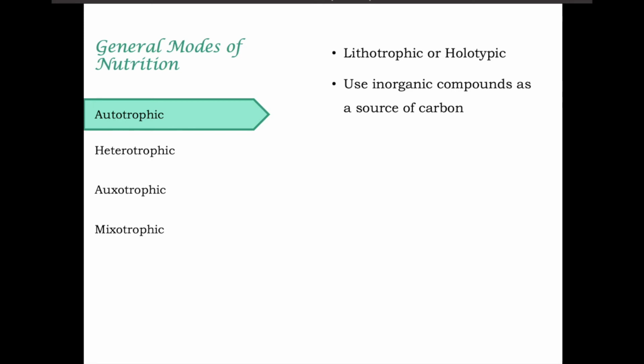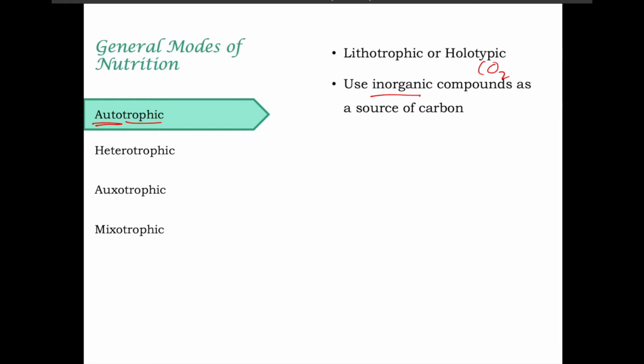From the word auto, self, and then trophic means food or nourishment. So they are self-nourishing or self-eating, kind of. They are producers. So they use inorganic compounds, the carbon dioxide in your air, as a source of carbon.